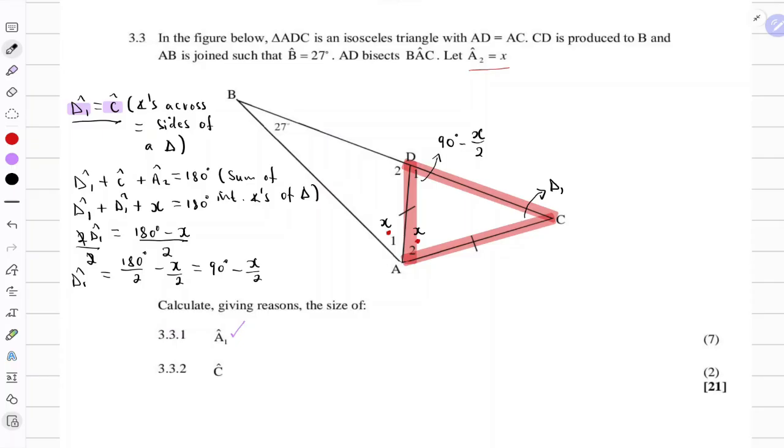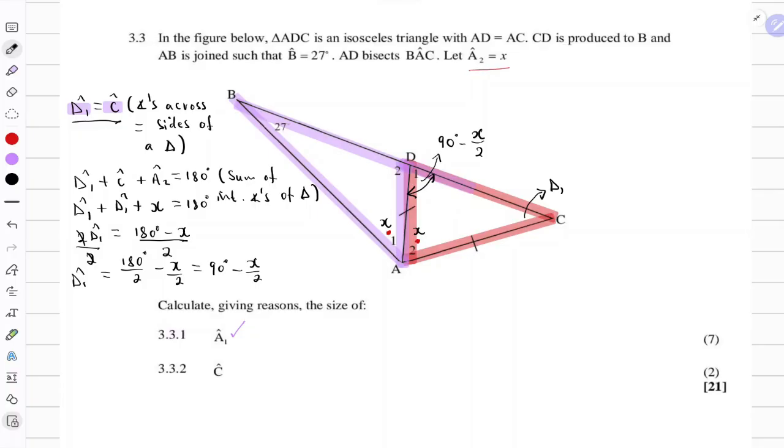Now we can use the property that if you consider triangle ADB, you can see that this D1 behaves like an exterior angle to these two interior opposite angles.